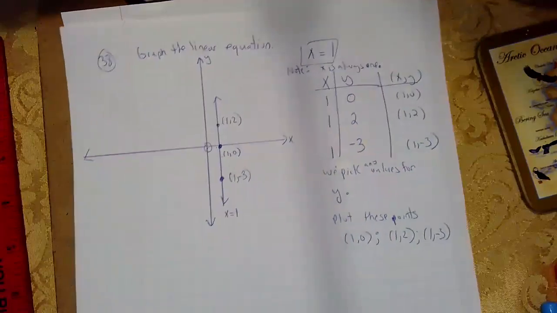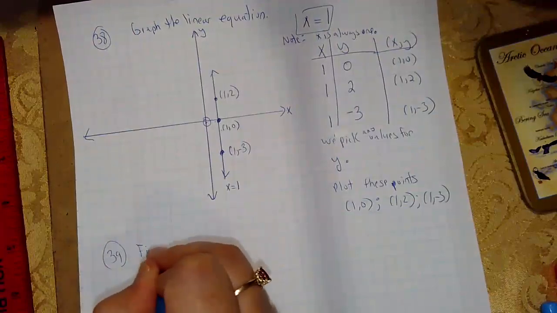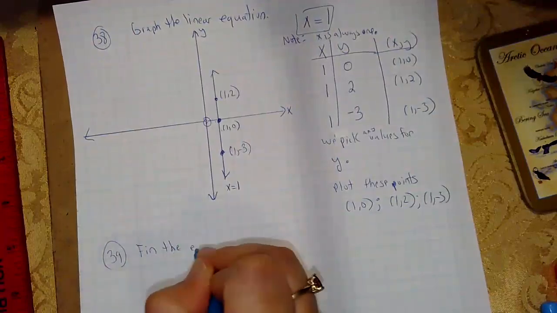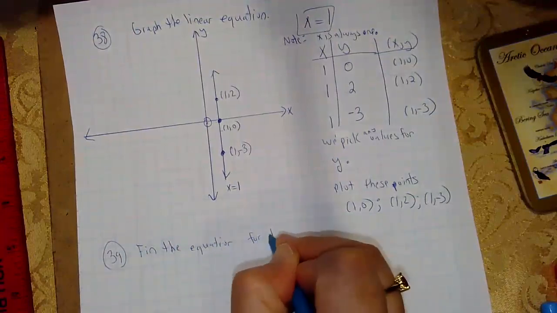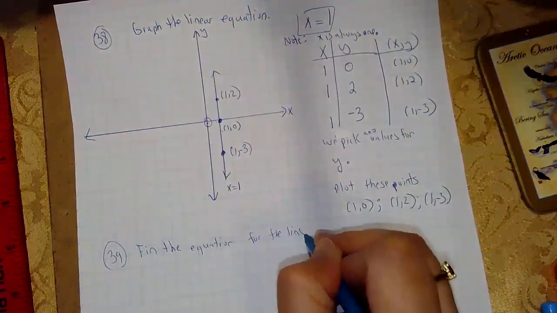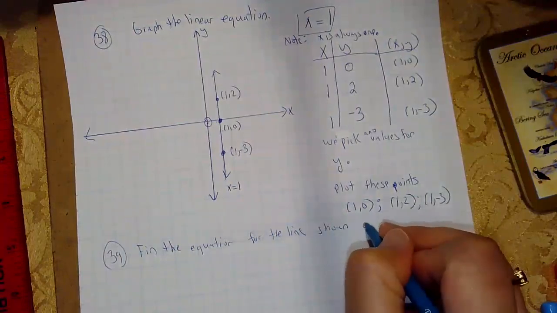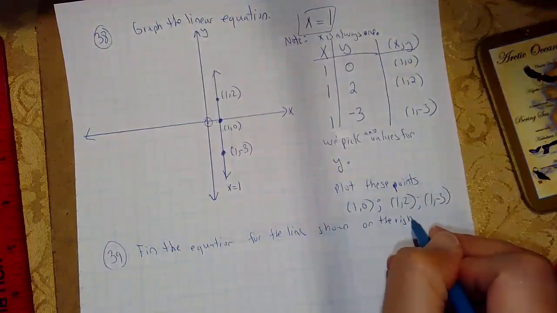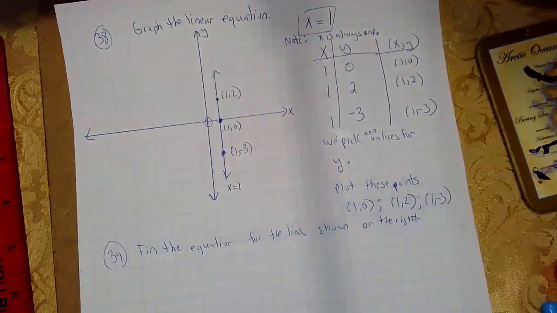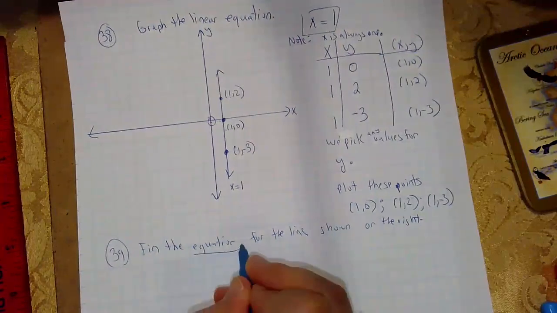So we do 39 on here then. What is the equation for the line shown on the right? So they want the equation.